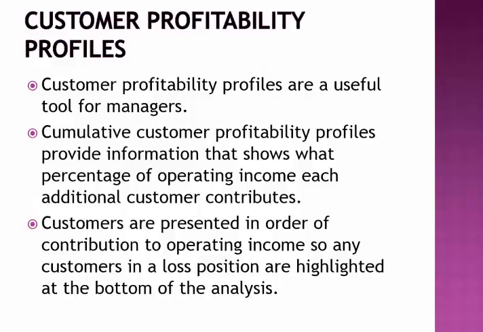So what we're going to do is make a chart, and this chart is going to start out with the customer with the highest level of operating income, and then we're going to show the customer with the second highest operating income.